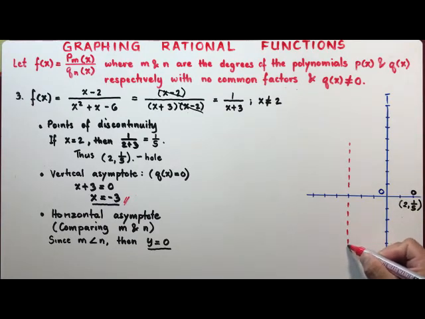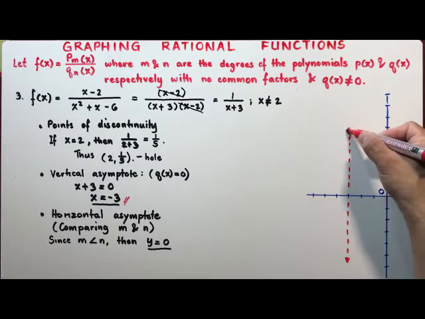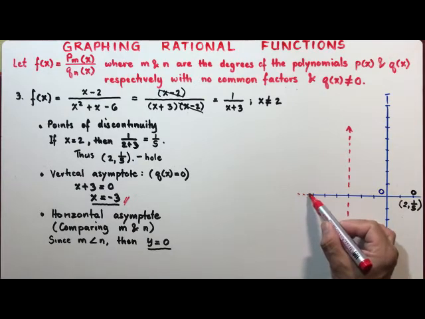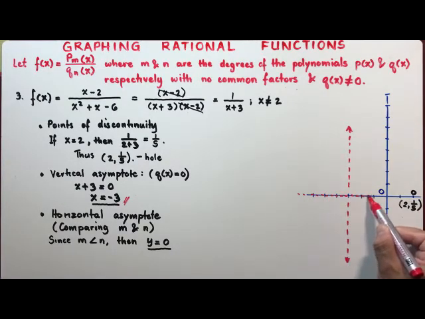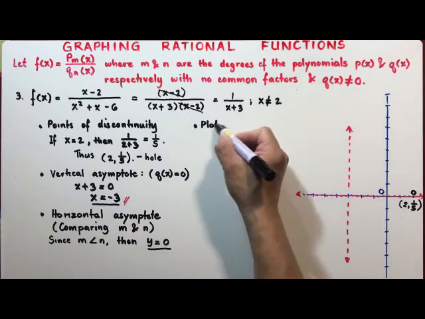We are using a dashed line to indicate that this is our asymptote. Also, our horizontal asymptote is y equals 0. So this is our horizontal asymptote. But to have a good picture of our graph, we need to plot additional points.